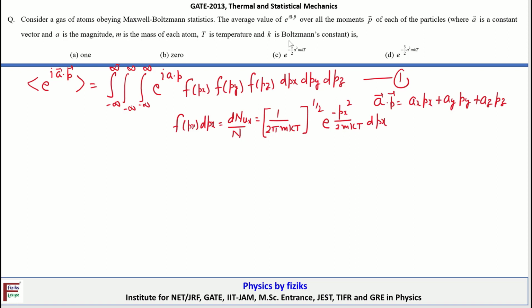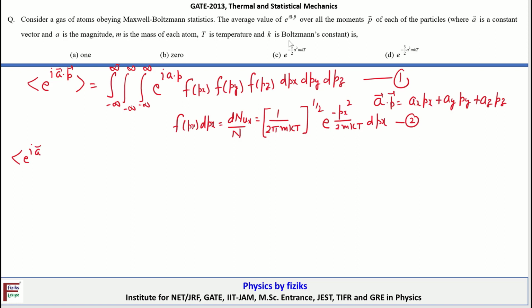Similarly, we can write an exactly identical expression for f of py dpy and f of pz dpz. I am not writing all those things here, since it's merely a replacement of the suffix and everything else remains the same.